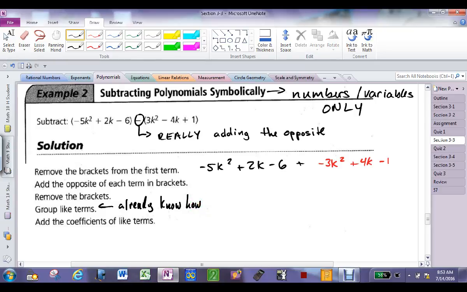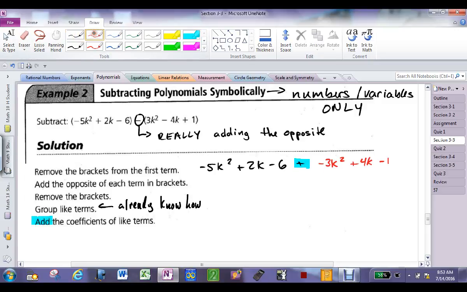Now, I would recommend, on trinomials especially, to do this the vertical way that I showed you yesterday, right? So k squared means I need all the other k squareds, right? Now remember, what am I really doing here? Adding and adding.